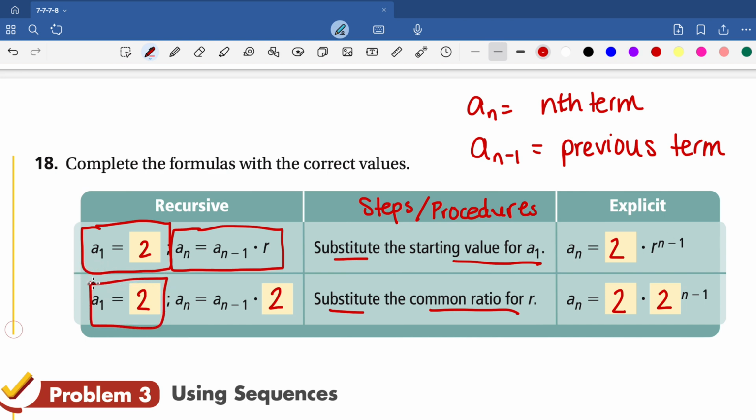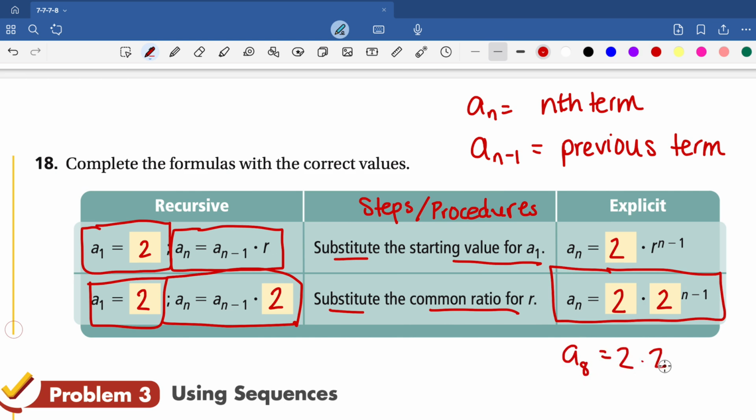You have your a sub 1, and your nth term is going to equal the previous term times 2. And for your explicit formula, you don't need the previous term. You can find the nth term just directly. You say, if I want the eighth term, I would plug in a sub 8 is equal to 2 times 2 to the power 7 minus 1.